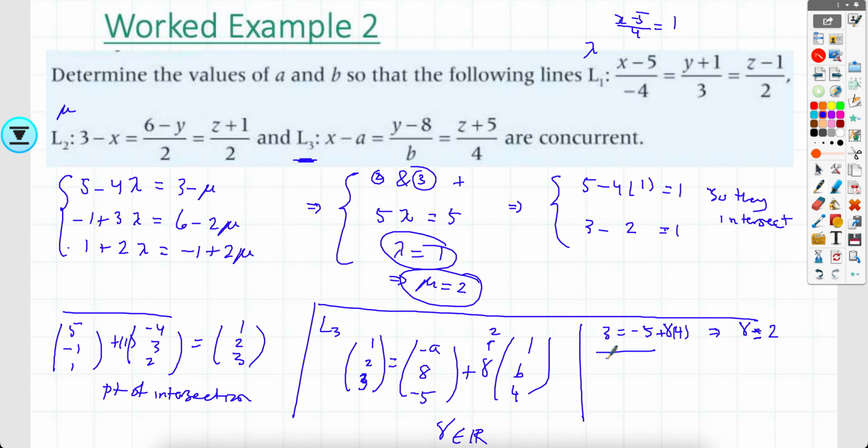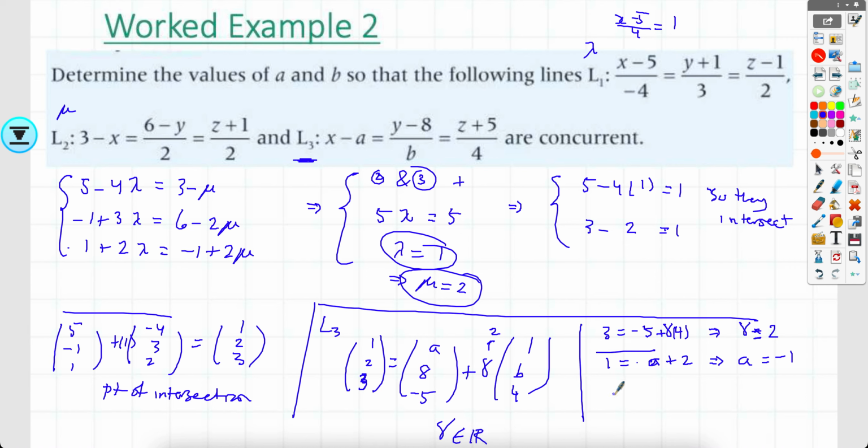So for the first one, I get 1 equals minus a plus 2, sorry, this is not minus a, this is just a. So this gives me that a is equal to -1.